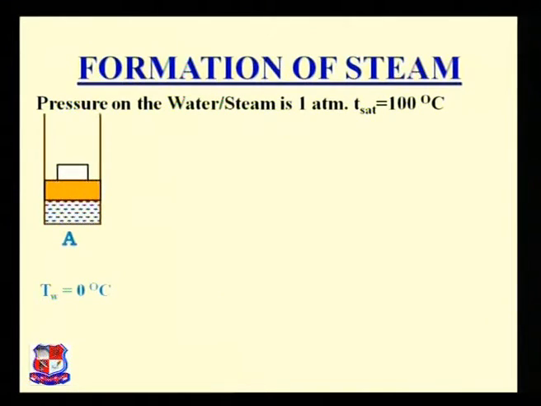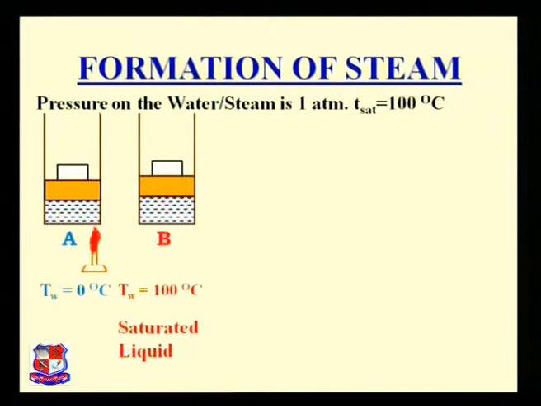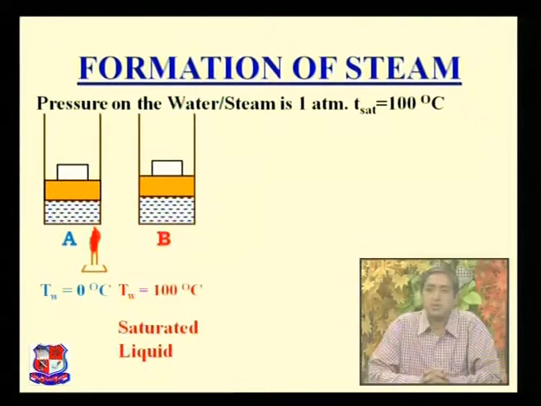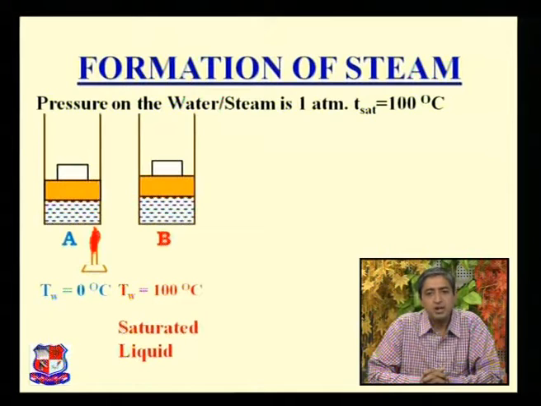At that pressure, the boiling point or saturation temperature of water is 100 degree centigrade, and that condition is known as state A. Now, as we want to generate the steam, we have to heat the water at state A. When we are heating it, the temperature of water continuously increases up to the saturation temperature, that is 100 degree Celsius, and state B is reached. That kind of condition is known as the saturated liquid.